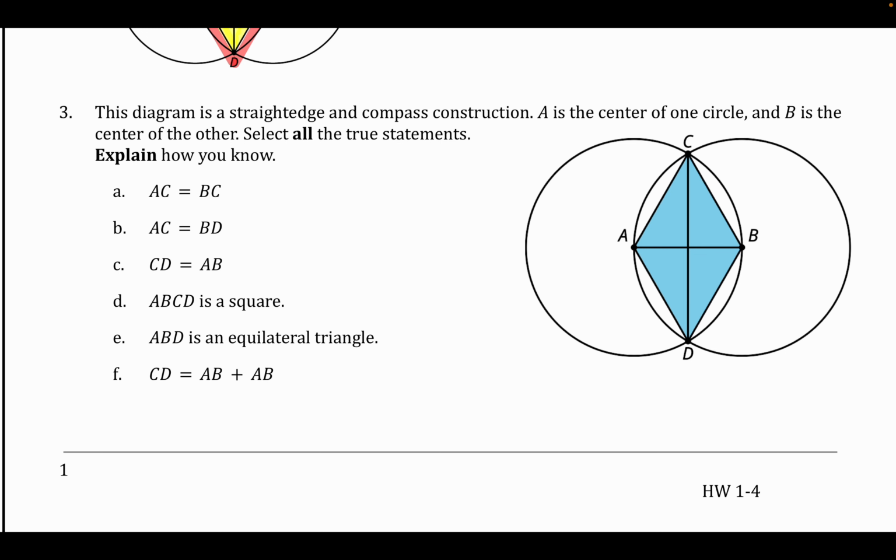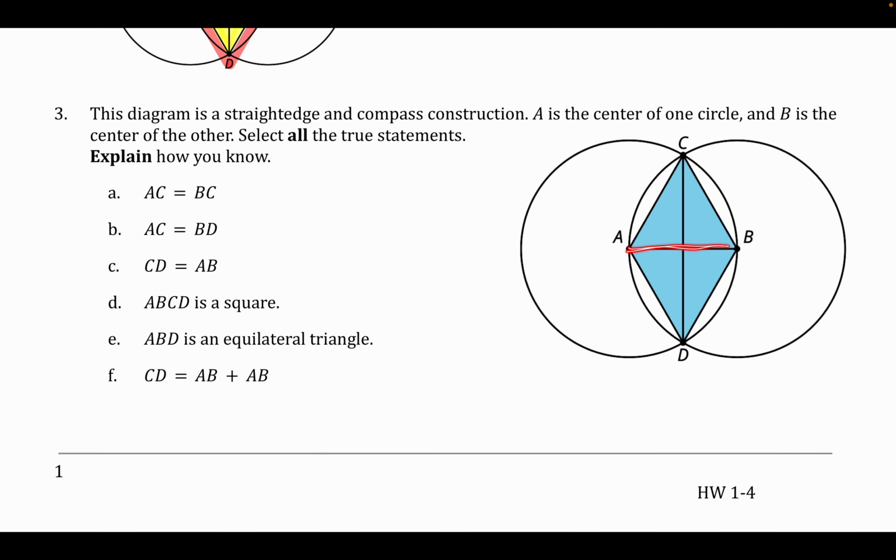So if we look at our first one here, I'm going to point a little bit with my laser pointer tool. This says AC is equal to BC. So AC is here. Is that the same as BC? Yes, that is going to be true. Both of those are radii of congruent circles because we have AB as a shared radius here.